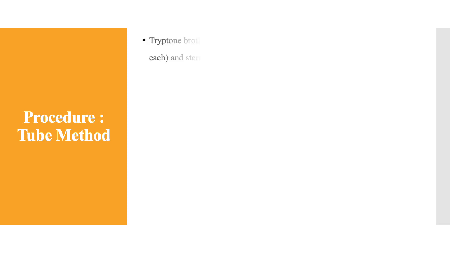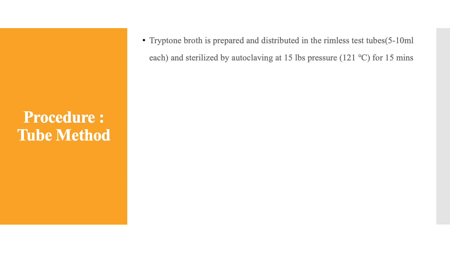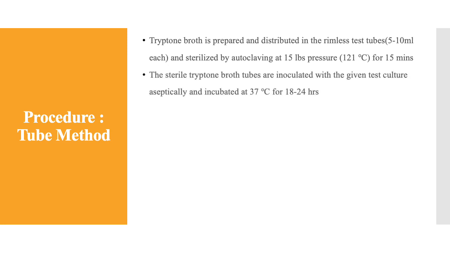Friends, tryptone broth is first prepared and distributed in rimless glass test tubes, 5 to 10 ml each, and all these test tubes are sterilized by autoclaving at 15 pound pressure for 15 minutes at 121 degrees Celsius. The sterile tryptone broth tubes are then inoculated aseptically with the fresh test culture and incubated at 37 degrees Celsius for 18 to 24 hours.